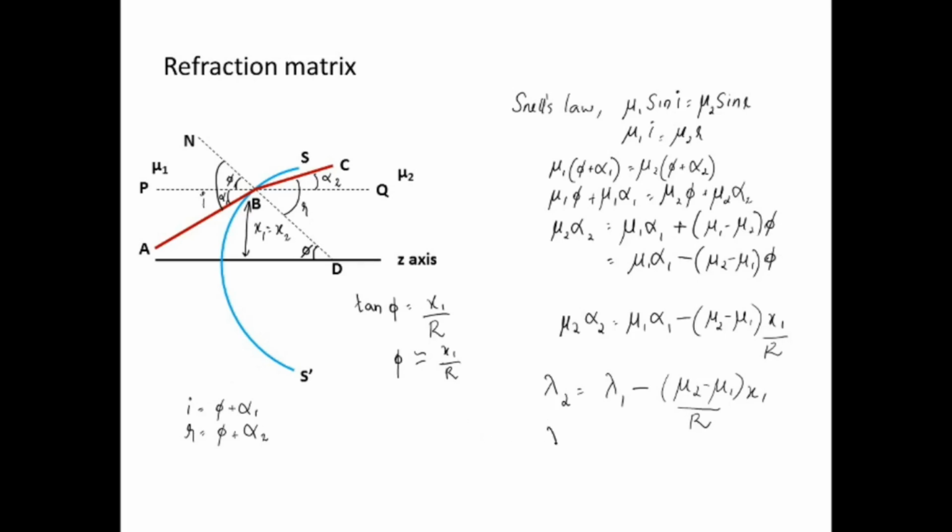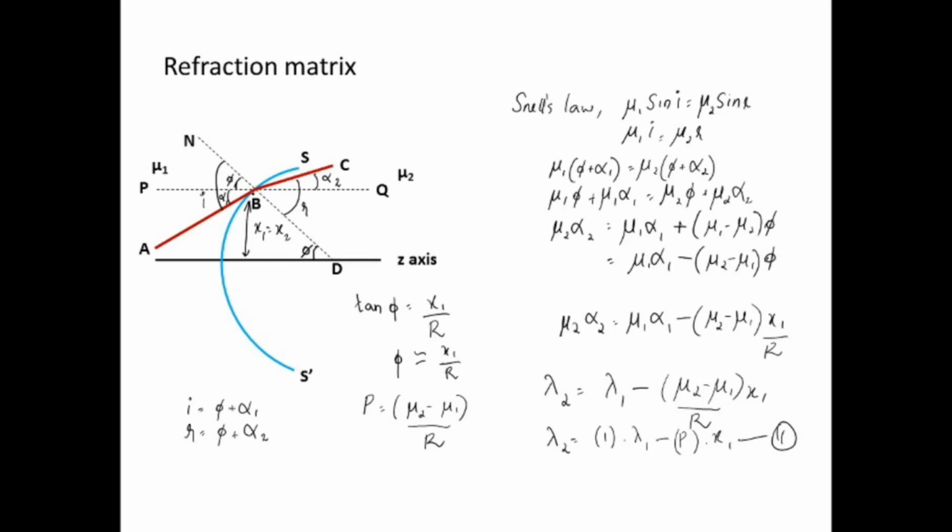Hence this can be further simplified as lambda 2 is equal to 1 into lambda 1 minus p into x1, where p is equal to mu2 minus mu1 by r. And let this be your first equation.